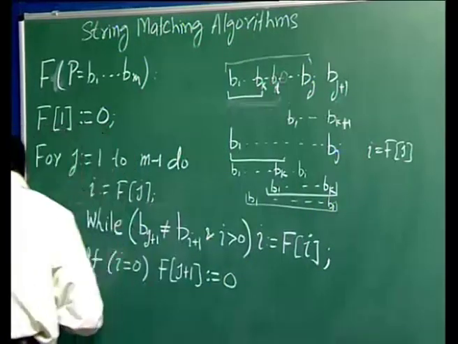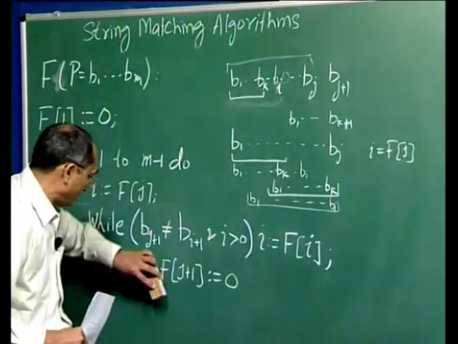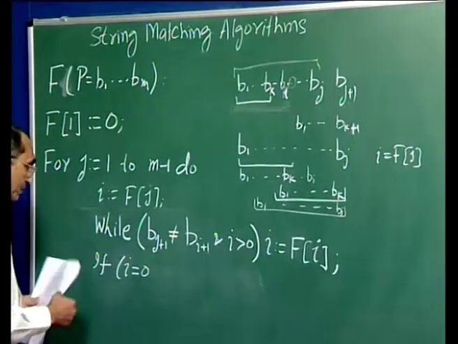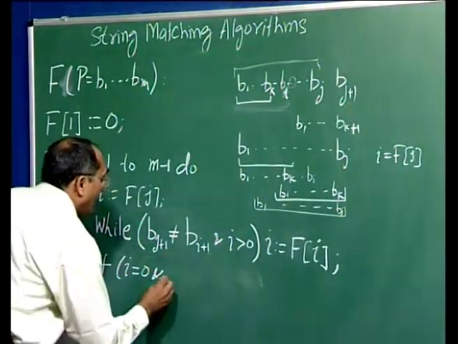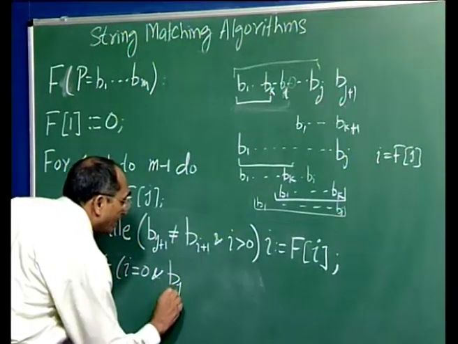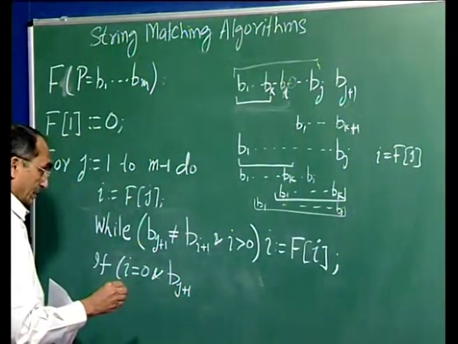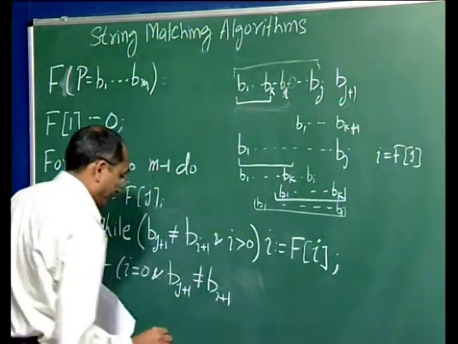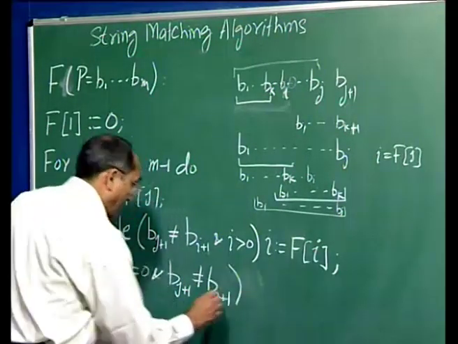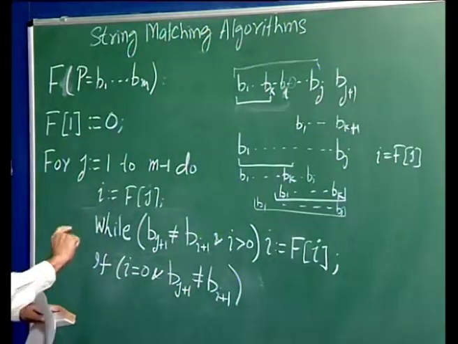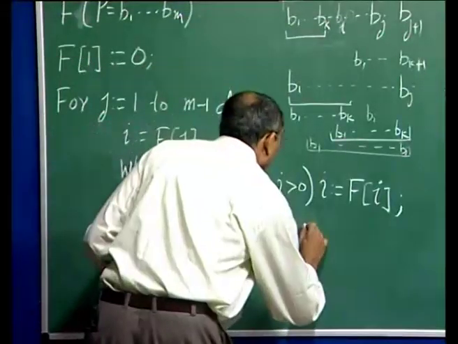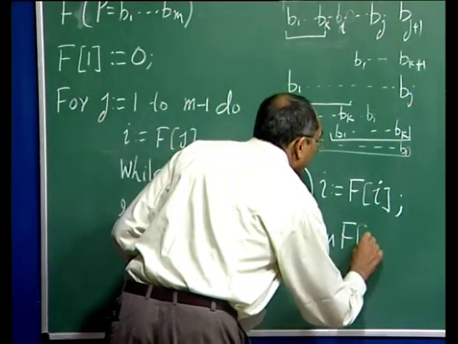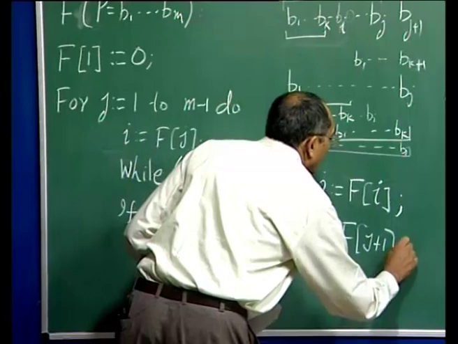So, we have to check one more condition, that is, if this is equal and b j+1 is not equal to b I+1, because maybe the whole string does not match, but the next symbol matches, then we set f of j+1 equal to 0.